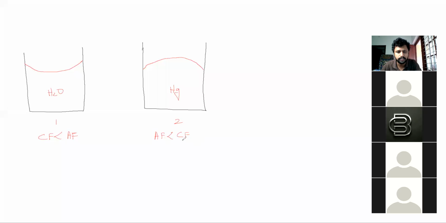In the mercury and glass situation, cohesive force is greater than the adhesive force. That's the reason why the mercury is trying to avoid the glass. That's the reason why it is making a convex meniscus. Is that clear?